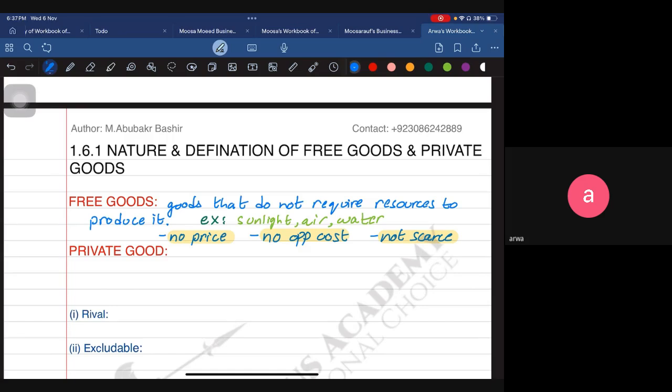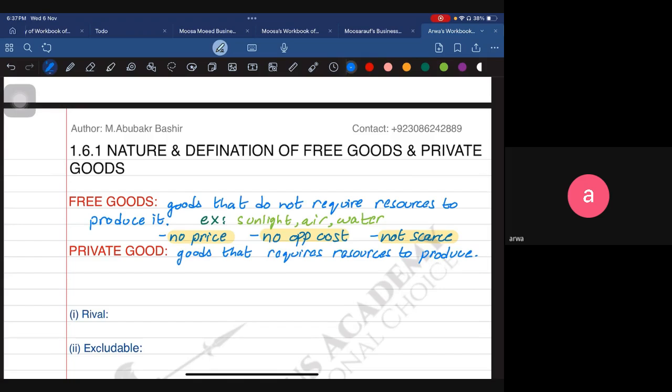So we can say that when we are talking about private goods, these are the goods that require resources to produce them, right?